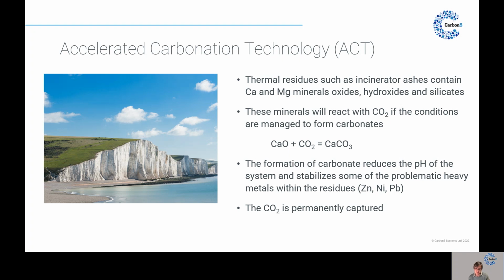And of course, the CO2 is permanently captured as calcium carbonate, as illustrated here by the White Cliffs of Dover or the Seven Sisters, where the natural process of carbonation has taken place, where calcium and magnesium salts have reacted with CO2 and formed calcium carbonate, which has lasted for millennia.